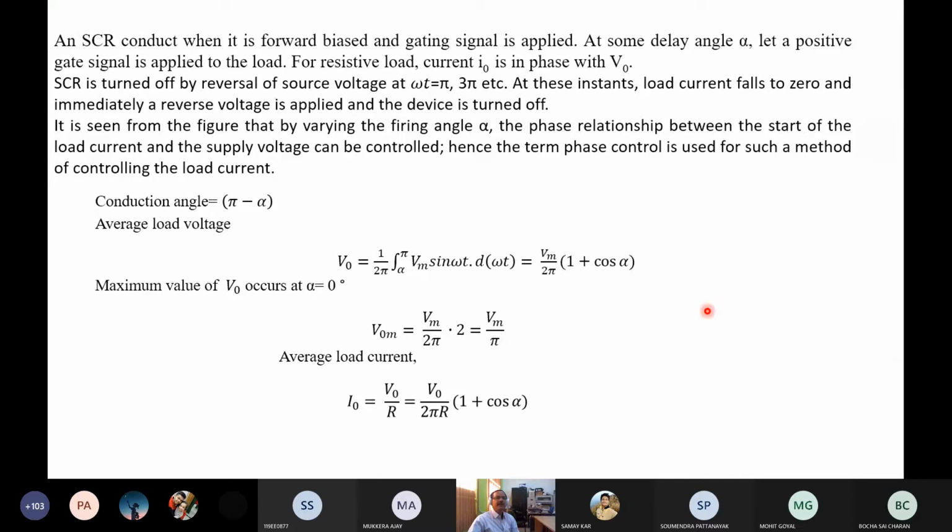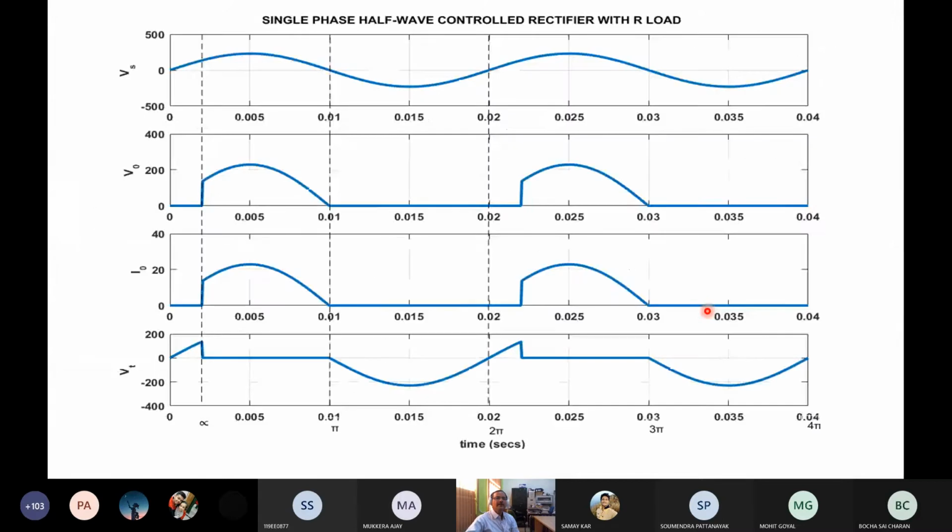Let a positive gate signal be applied to the load. That is what I have told you. So the conduction angle is pi minus alpha.